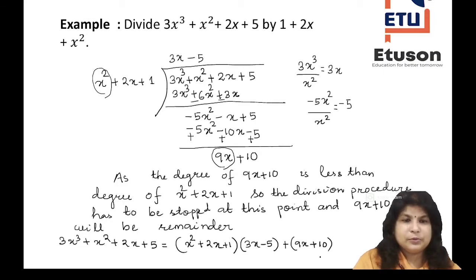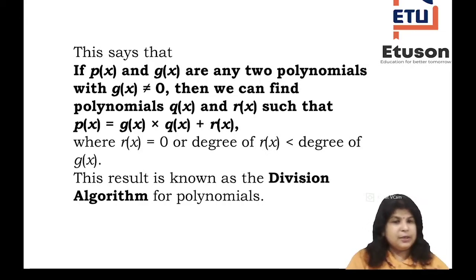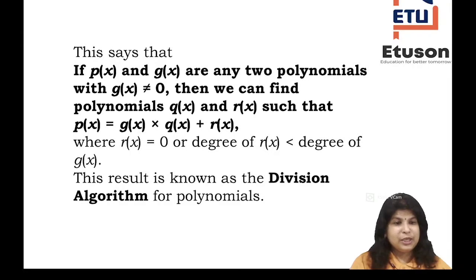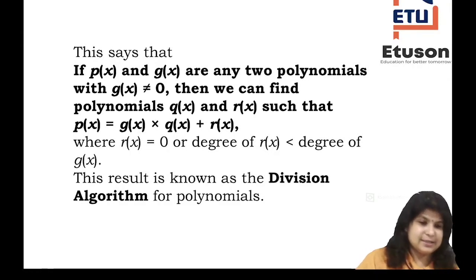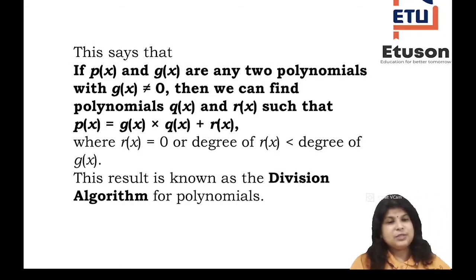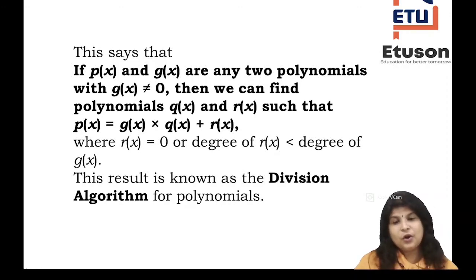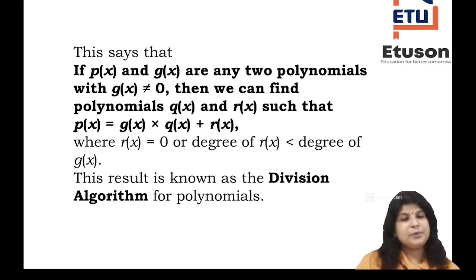So from this, what you understood is if p(x) and g(x) are any two polynomials with g(x) not equal to 0, then we can find polynomials q(x) and r(x) such that p(x) is equal to g(x) into q(x) plus r(x), where r(x) is equal to 0 or degree of r(x) is less than degree of g(x).